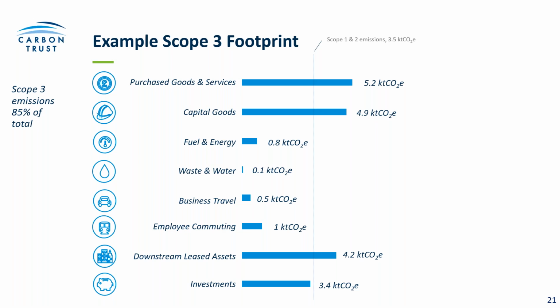And this example also sees Scope 3 emissions form about 85% of the entire, apologies, Scope 1, 2, and 3 footprint. And again, this is fairly typical for most projects that we undertake and look at, where we see Scope 3 emissions being the largest source of emissions of the different scopes.